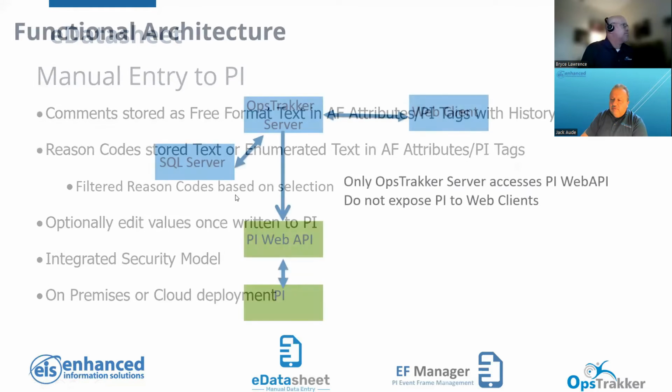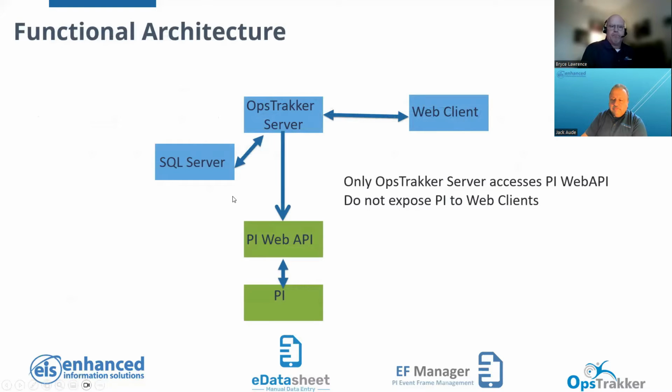Okay, Bryce, can you talk to the architecture? Certainly. The idea behind the architecture is that eDatasheet is one of the Ops Tracker modules, and the Ops Tracker application server, or set of servers, serves out to the clients both for entering data and for doing any configuration.